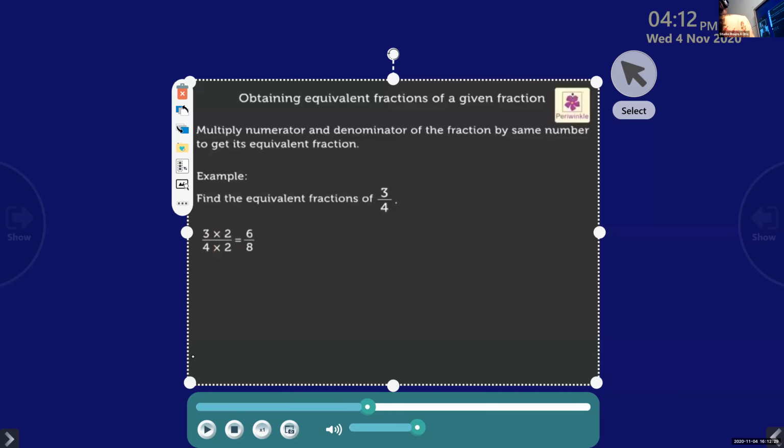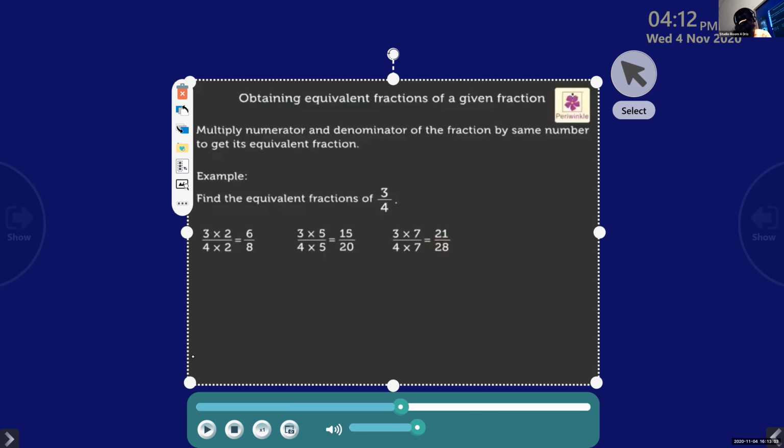Next, let us multiply with number 5. We get 3 into 5 upon 4 into 5, which is equal to 15 upon 20. Multiplying with number 7, we get 3 into 7 upon 4 into 7, which is equal to 21 upon 28.